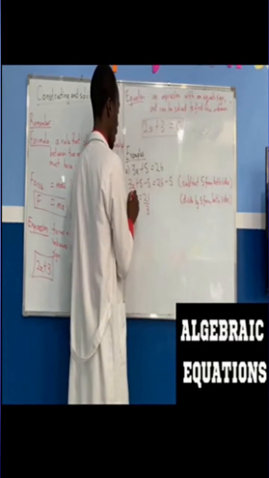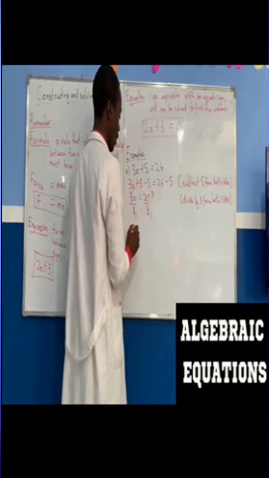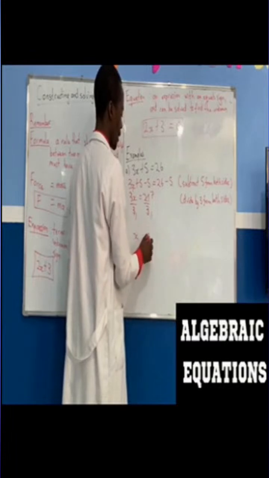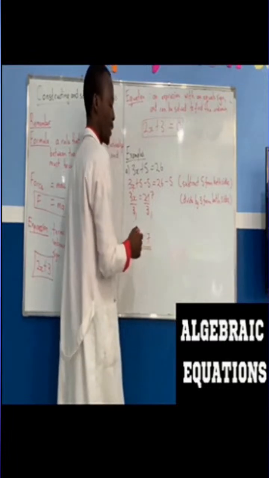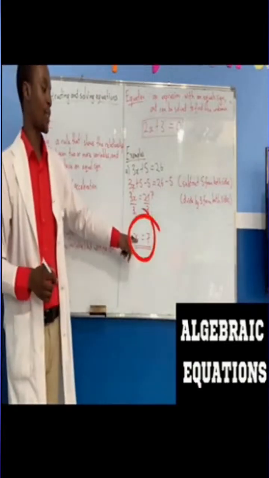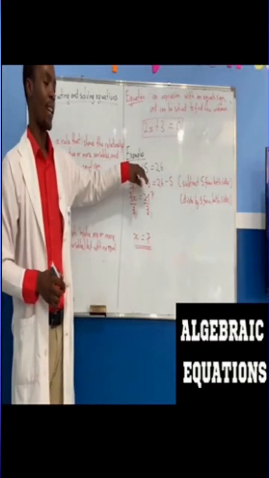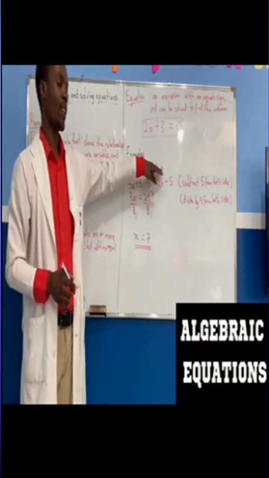So 3 over 3 is 1, and on the right we get 7. So x is equal to 7. This is the solution to the problem. We can check by substituting this x into the equation: the left hand side is equal to the right hand side.